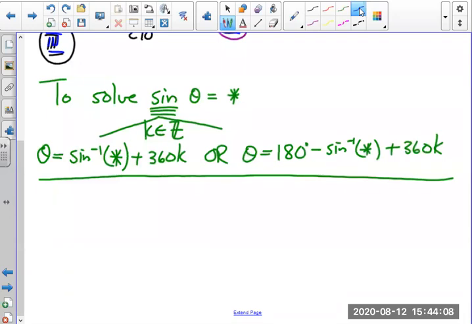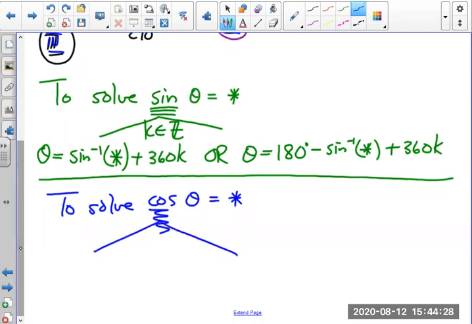So you don't have to work with reference angle, you don't have to work with different quadrants. To solve, now you have cos of something is equal to. How do you get rid of cos?